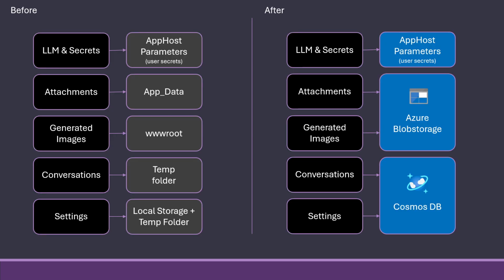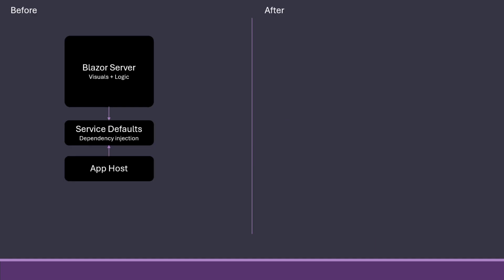I will go into these things in more detail in a second, but another thing was that when we build a Blazor server, what typically happens is that when we are in Aspire, we have a small app host that takes care of parameters. We have ServiceDefaults that takes care of a few dependency injections, in our case, the dependency injection against Agent Framework Toolkit.